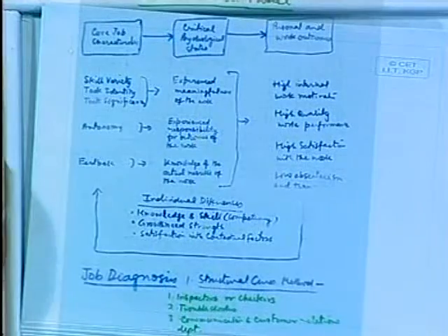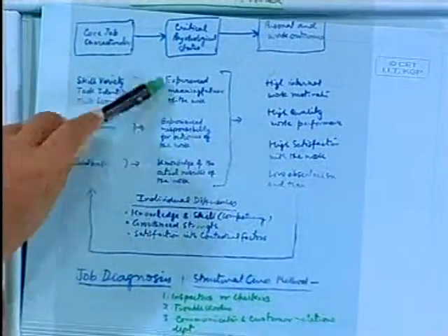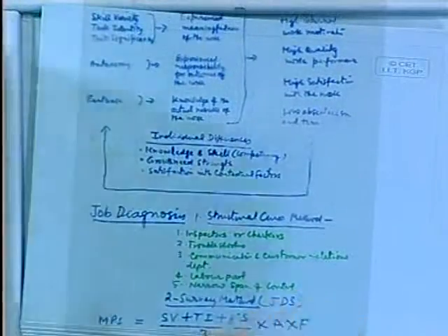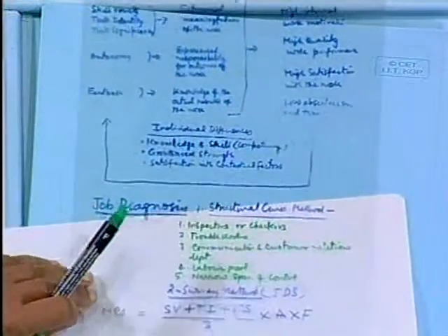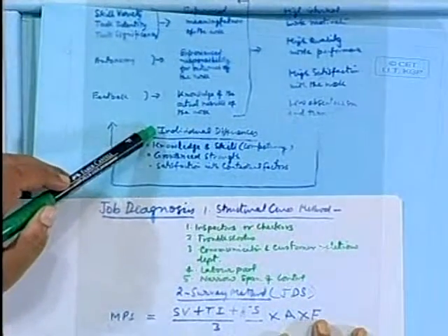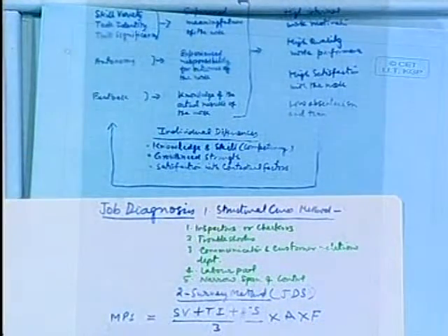Now, if you look at these core job characteristics, then critical psychological states and personal and work outcomes, it is moderated by certain factors, that is individual differences. Okay. It is not necessary that even if you increase the skill variety and tell him about the importance of the job, even if you give him autonomy and feedback, it would result in higher productivity, better quality and more satisfaction.